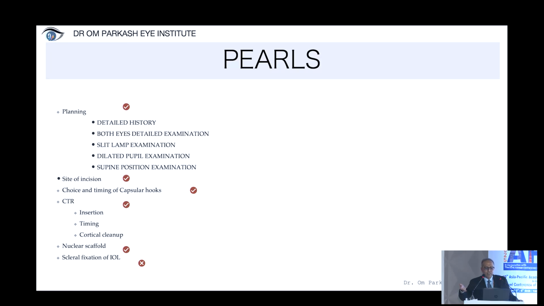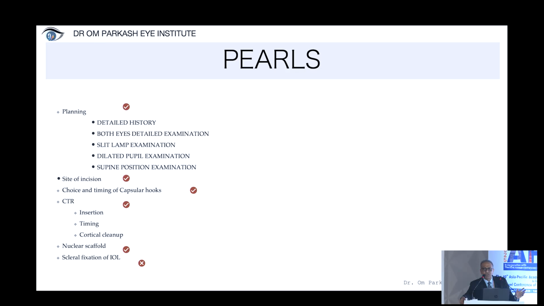There are different ways which Dr. Chi would show how she pulls it up. Site of incision is very important. That should not ideally be in an area where the zonules are not there. Choice and timing of capsular hooks is also very important. We have moved on from implanting CTRs in the beginning to capsular hooks. Now capsular hooks have come, which have helped us delay the insertion of CTRs.